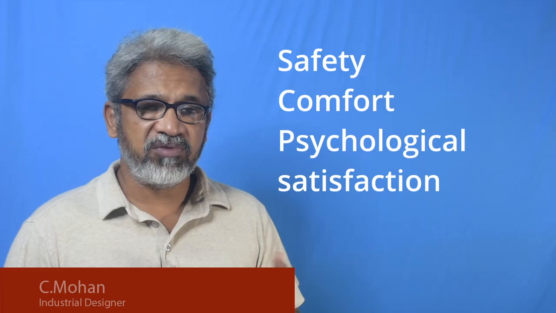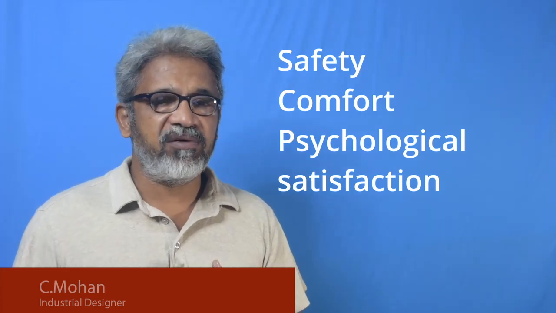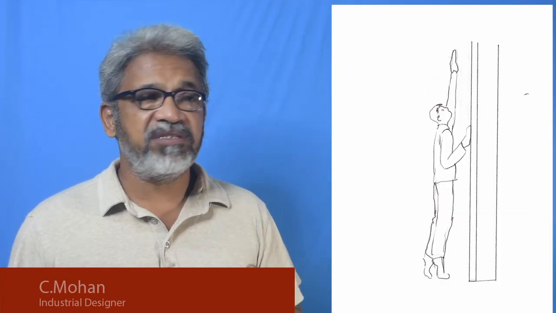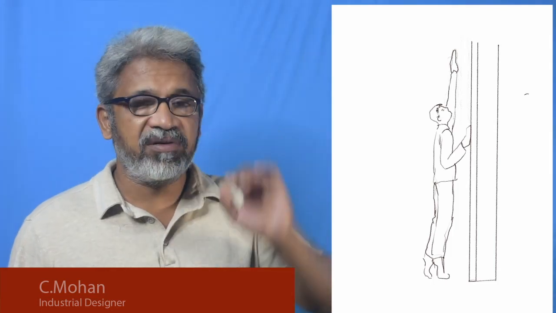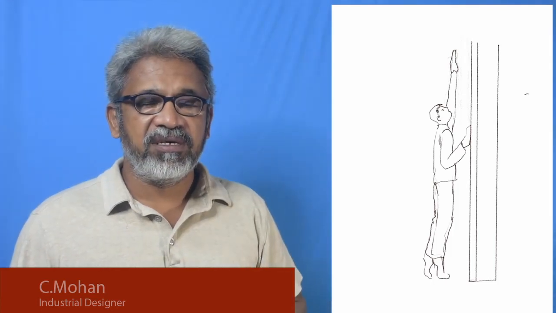For example, the first visual where the person is trying to bend down to the bottom of the cupboard would be considered as not ergonomic. Or a person trying to reach a switch which is kept at a very high location would be considered as not ergonomic. Or a person sitting in a chair which is cushioned would be considered as being very comfortable.